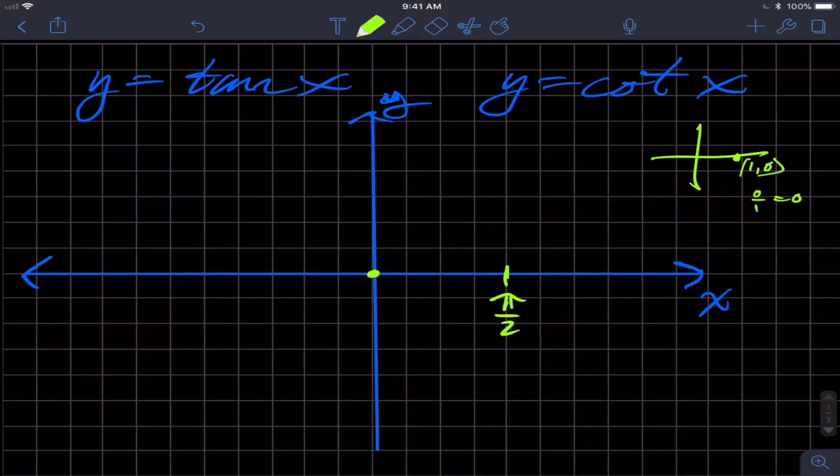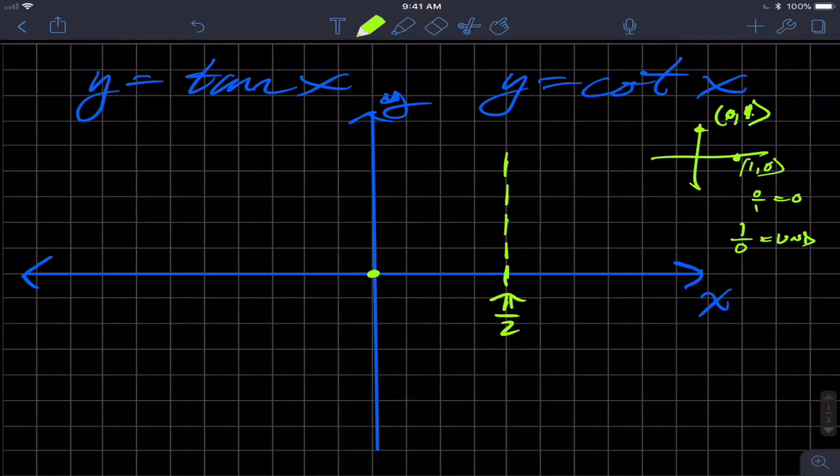And then over here, let's say here, I have pi over 2. If I look at pi over 2, that's 90 degrees, and that's at the point (0, 1) on the unit circle. But if I take the tangent of 90 degrees, or pi over 2, I'm going to take y divided by x, which is 1 divided by 0, which is undefined. So once again, like in secant and cosecant, we get undefined as a value for our height, or our y value, at pi over 2.